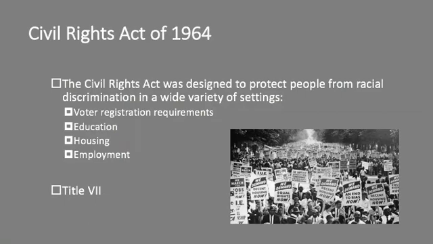So bring in the Civil Rights Act of 1964. This is a massive bill, a massive piece of legislation that seeks out to essentially rid discrimination in these various aspects of our society. And really, at the heart of it, this bill was put in place initially to deal with racial discrimination.